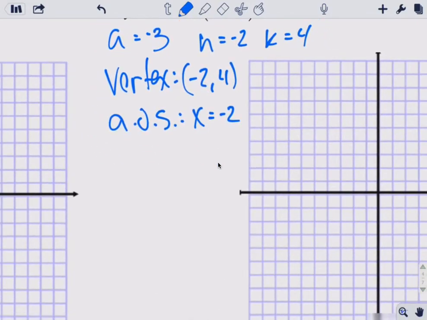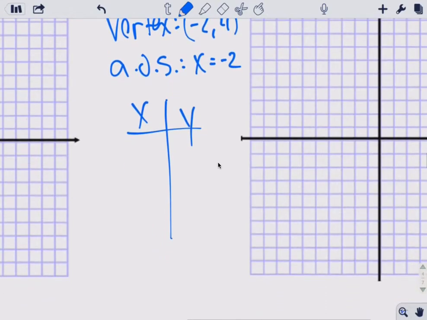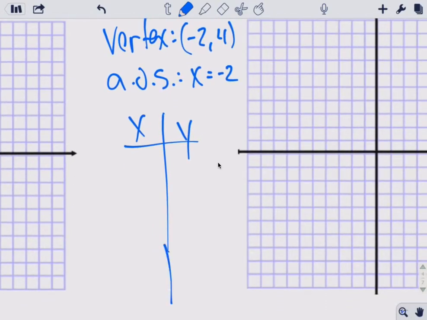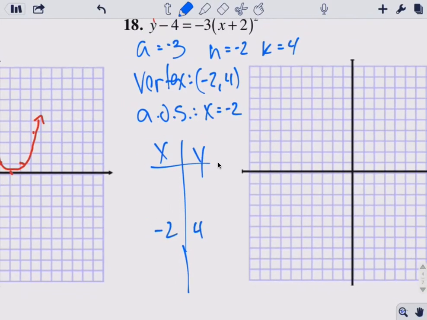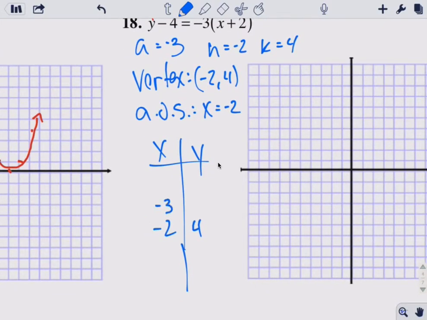And we make our table. x, y, remember h, k goes in the middle. h, k is -2, 4. From h, we just do 2 below it, 2 above it. From k, adding a is -3, so subtract 3 from 4. Then 4a is -12, 4 minus 12 is -8.